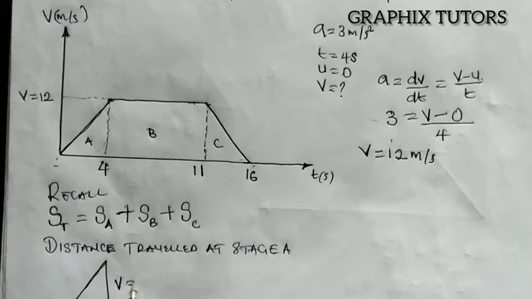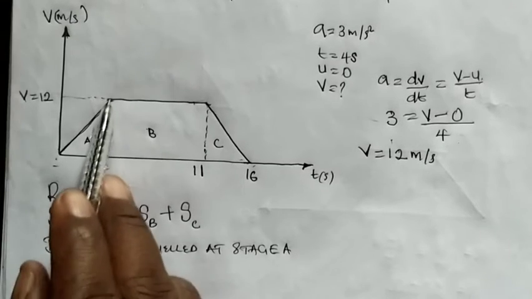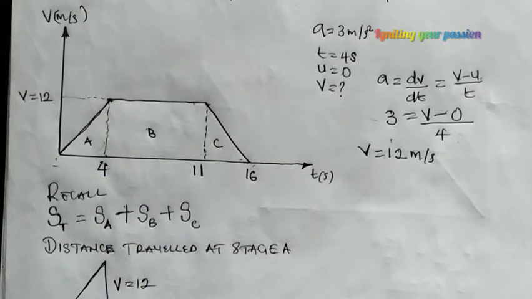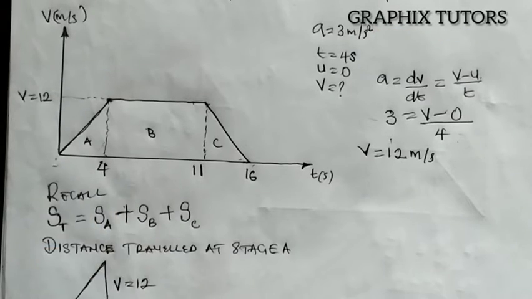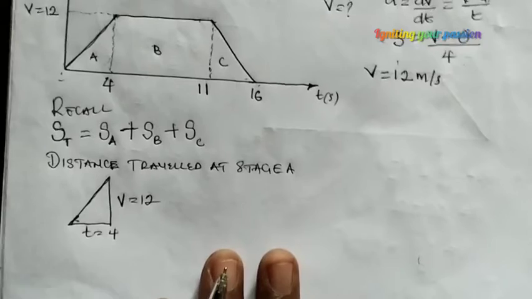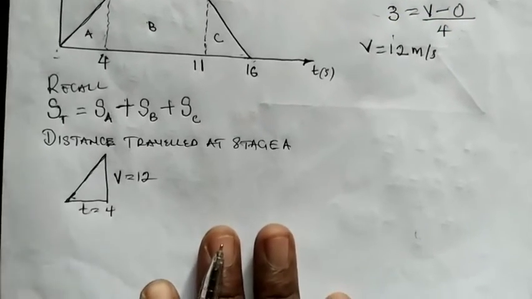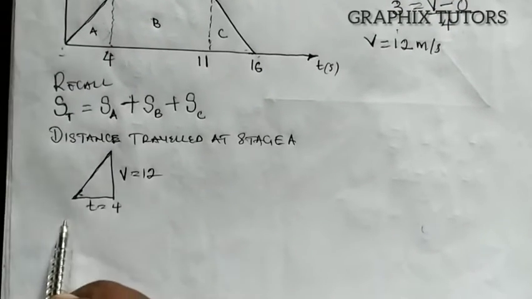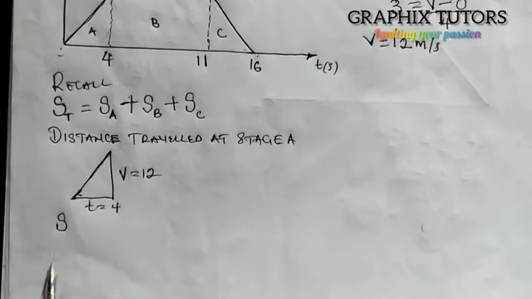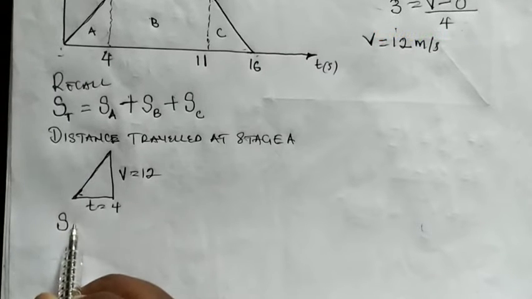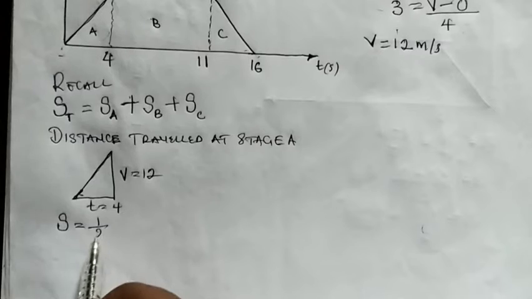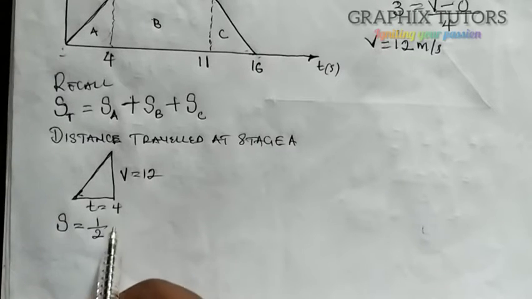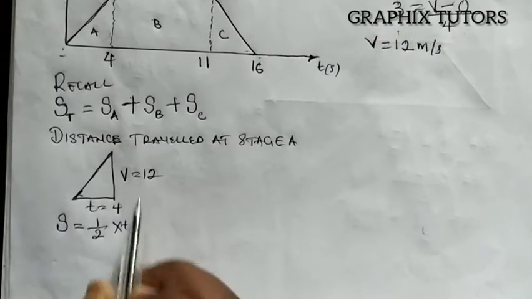So the v here is the vertical, which is 12, and the t here is 4. So we know that the area of a triangle is the displacement. The area of a triangle is the distance traveled, which is equal to half base times height. What is the base? It is t. Then what is the height?